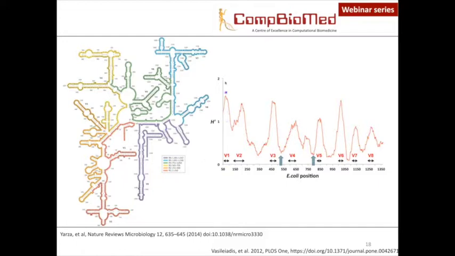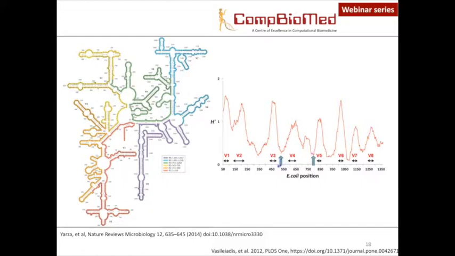The higher the H', the more variability there is. And so you can see that the highest bits of variability correspond to these V regions. And there are also regions where there's very little variability at all, where the H' value is quite low. And these are very constant regions where there's a great deal of conservation of identity if you compare different species.